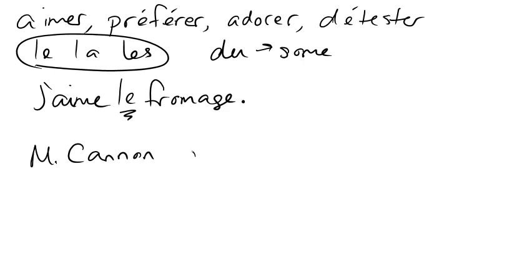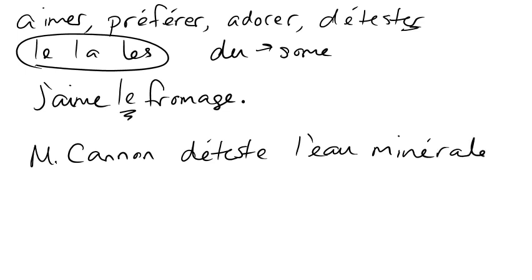So, Monsieur Cannon déteste. And notice this is just a regular ER verb right here. So, Monsieur Cannon déteste l'eau minérale. So notice, definite article, because of course this is talking about the item in general and how he feels about it. So that's basically how that works.